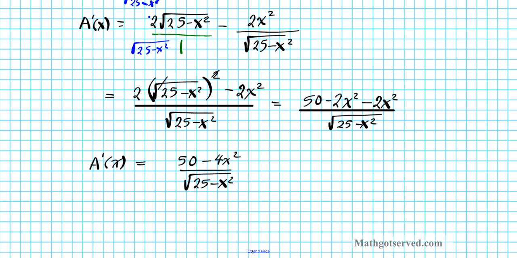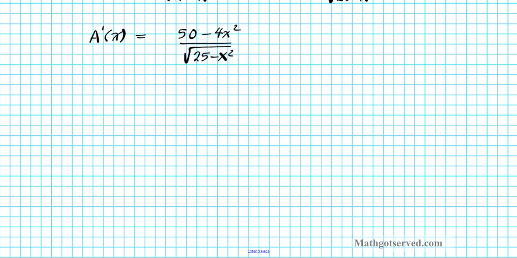Now let's find where the derivative is equal to 0. Okay, where a prime of x equals 0, we have to set the entire derivative equal to 0: 50 minus 4x squared divided by the square root of 25 minus x squared equals 0. If you cross multiply, you have 50 minus 4x squared equals 0. Subtract 50 from both sides.